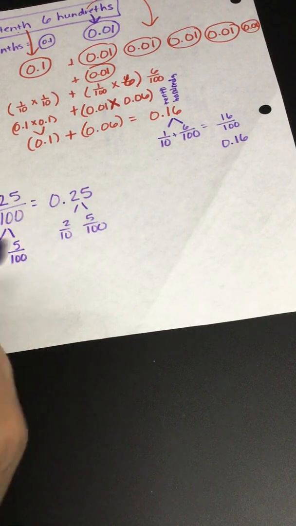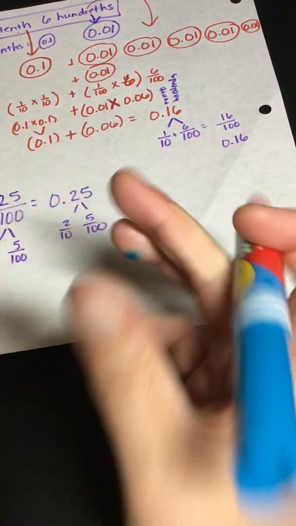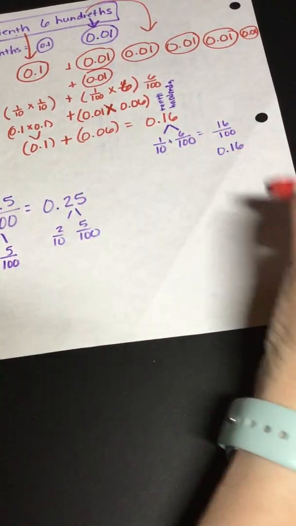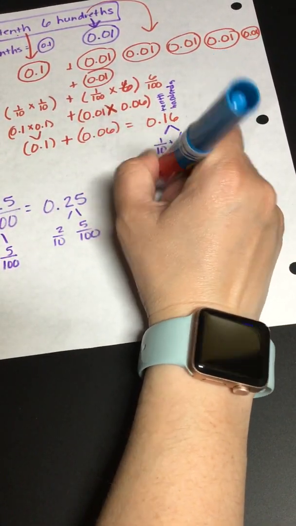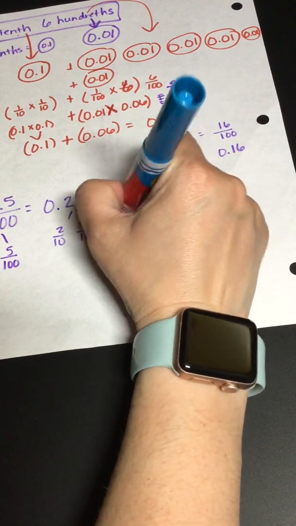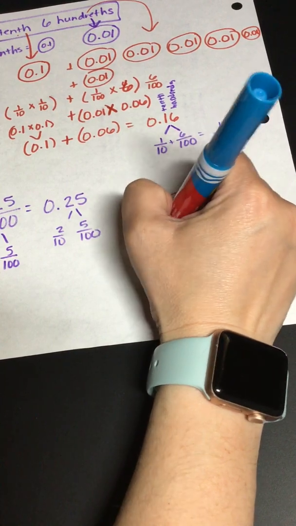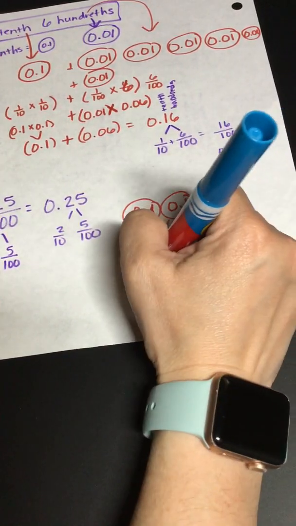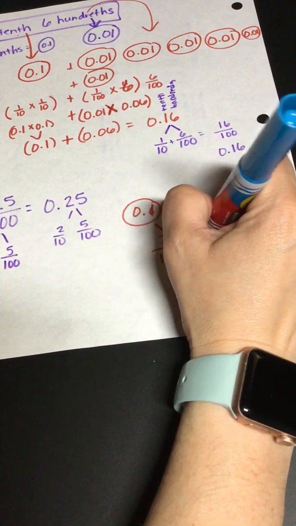But if I want to represent that in our discs, how many tenths am I going to need? 2, so 0.1, 0.1, so there's 2/10, or 0.2.